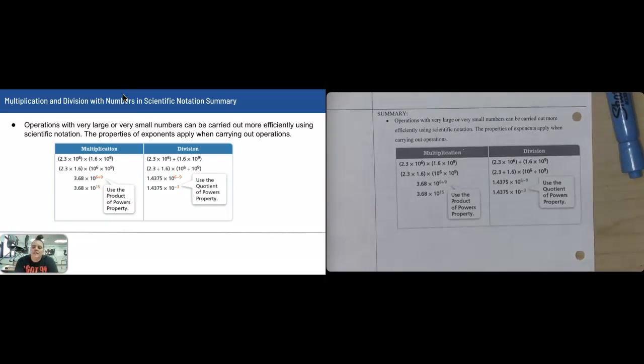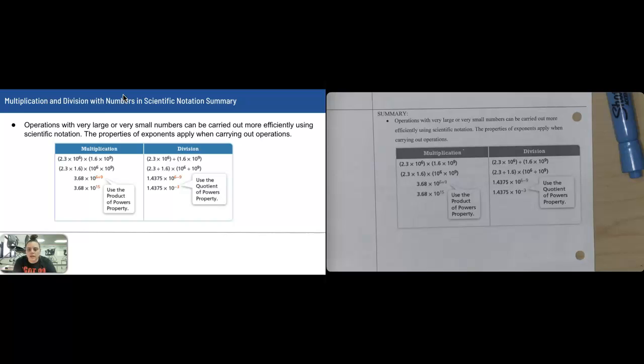Now remember, operations with very large and very small numbers can be carried out more efficiently using scientific notation as opposed to writing these numbers all the way out. The properties of exponents still apply when doing these. So when you multiply, you'll rearrange it so you multiply the first numbers and multiply the powers of 10 using your exponent property.